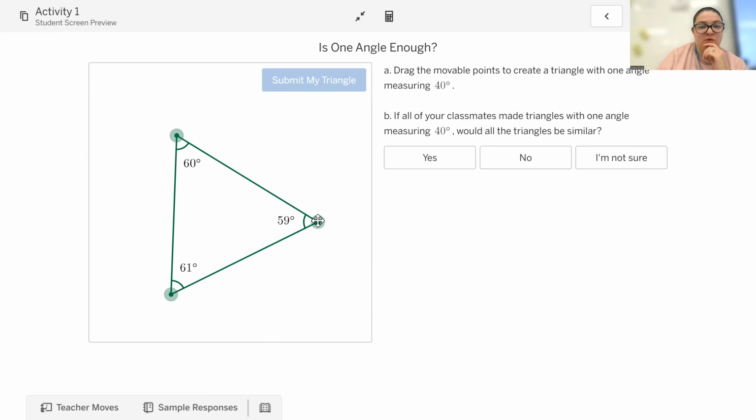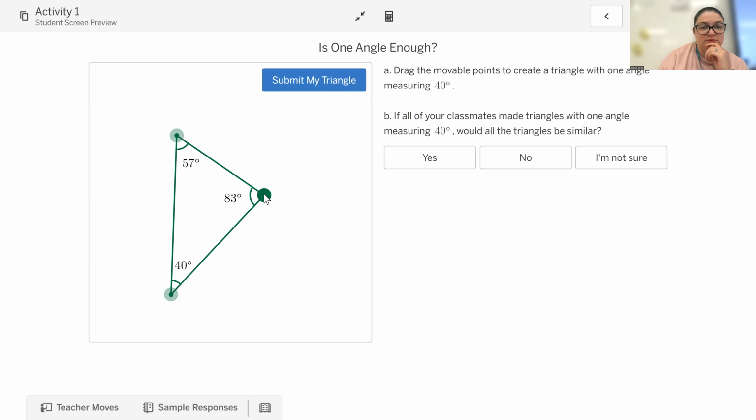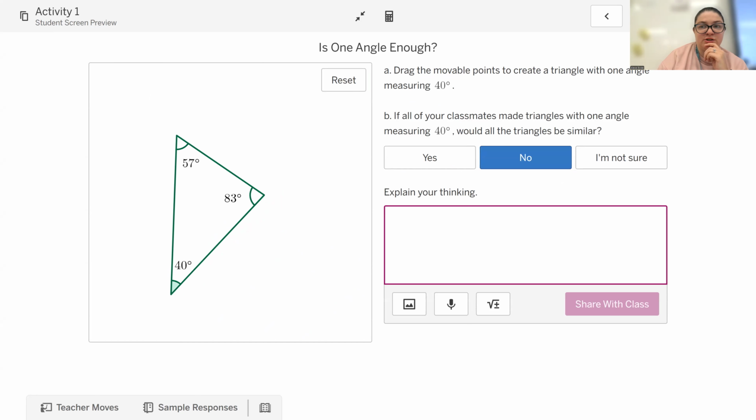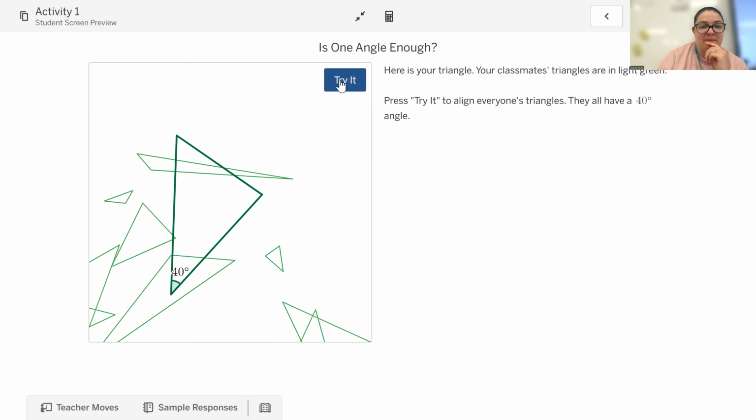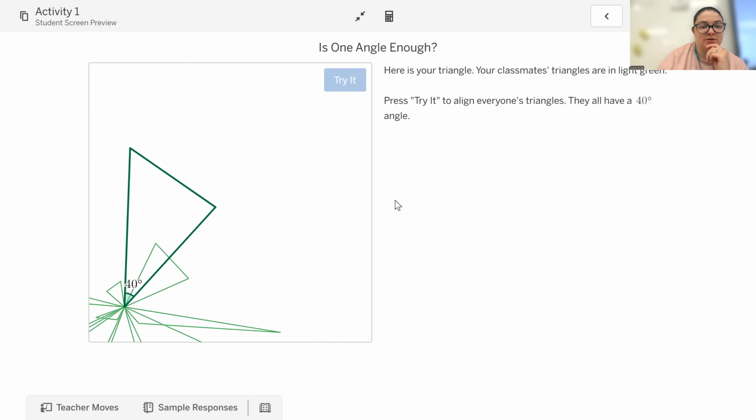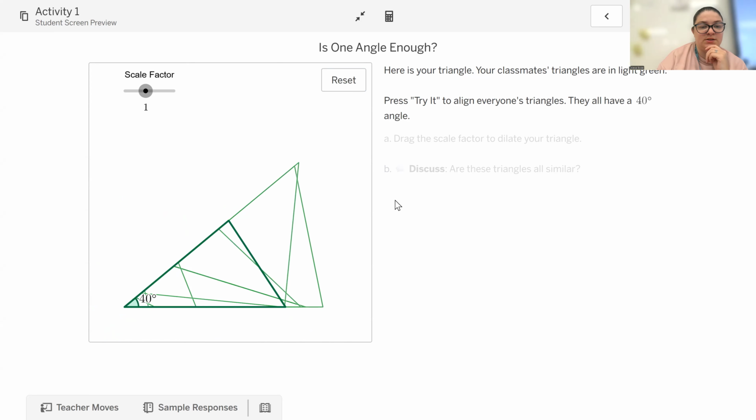But if I was only given one angle, that would not be enough information. So if I match up all the 40-degree angles among all of these ones, notice that these no longer are parallel lines, and that's what's important: your side lengths have to be parallel.